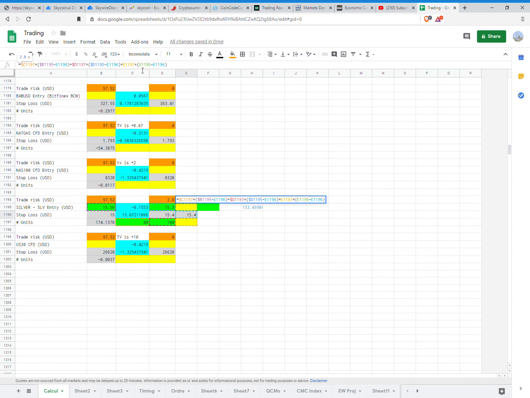And for future copy, if I'm gonna need it, I would add a dollar sign right here and another dollar sign right here before the E, and not one over here, just those two, and enter.